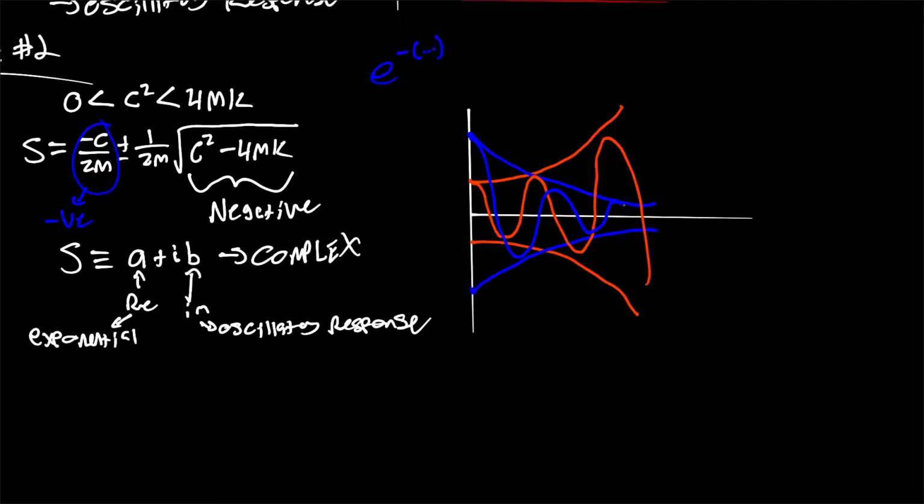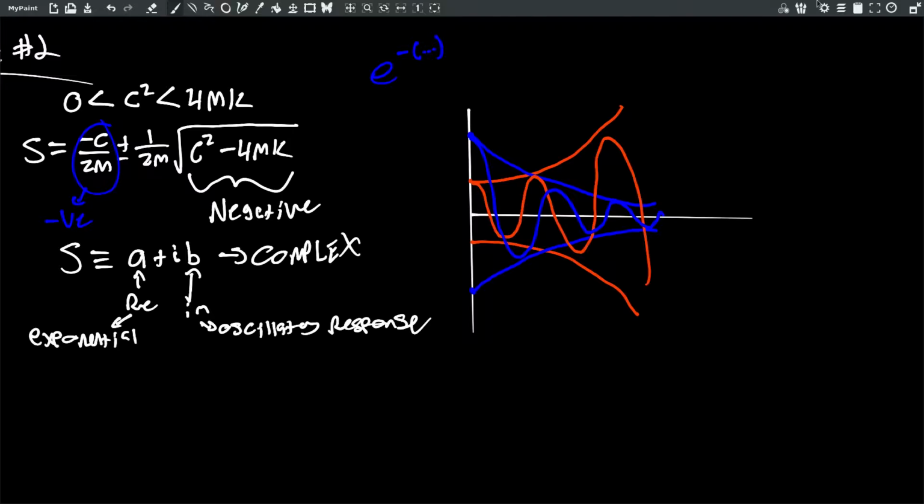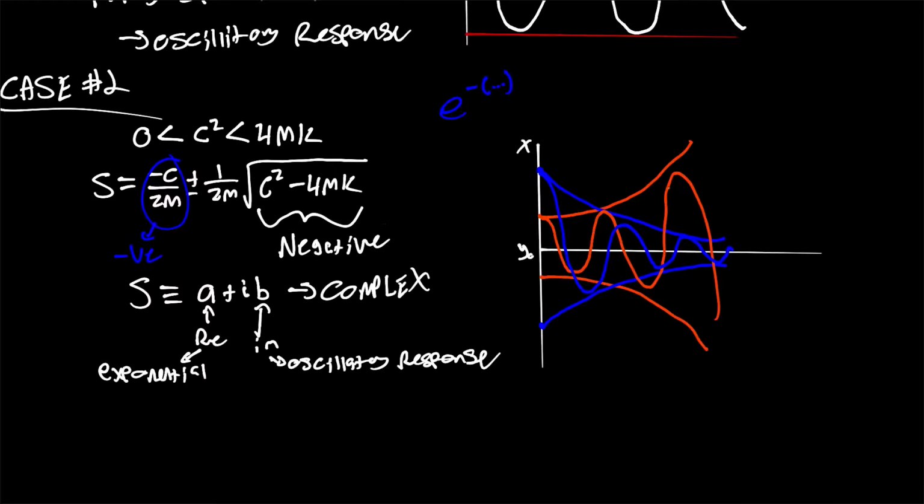So basically the motion is going to be getting closer and closer to that equilibrium point. So we can more or less ignore the red solution, as the blue solution is the only one that actually matters in this particular case. However, it is important to note that in some systems you will have a positive real root, which is going to be associated with an unstable mode.